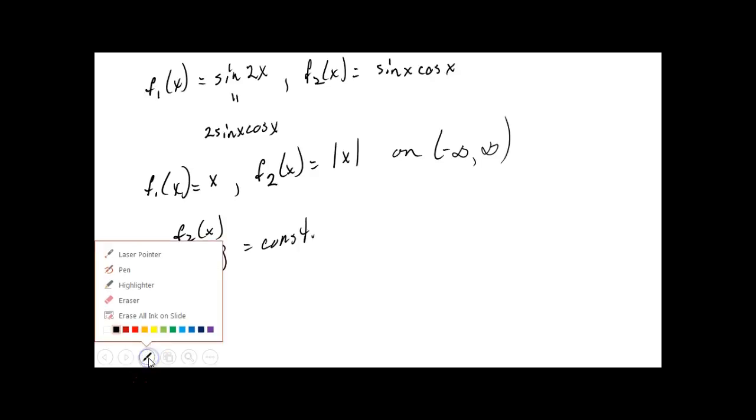And again, this may be dragging this out. These are fairly simple concepts. Here's one. F1 is equal to cosine squared x. F2 is equal to sine squared x. F3 is equal to secant squared x.